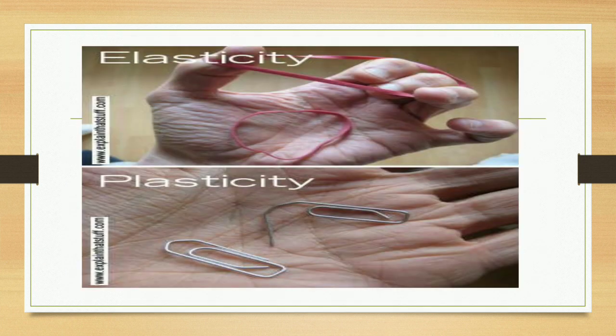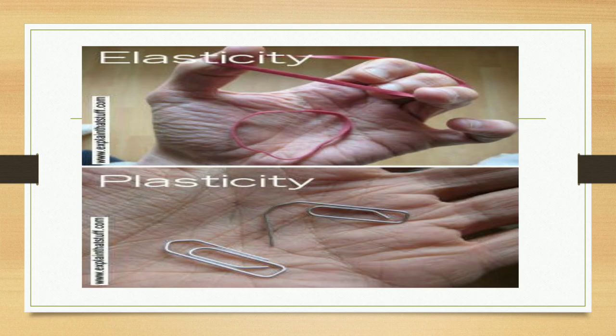You can see clearly from the picture the difference between elasticity and plasticity. The first diagram, the top one, is the elastic material rubber, which can be stretched, and after removing the force, the rubber will regain its initial position.